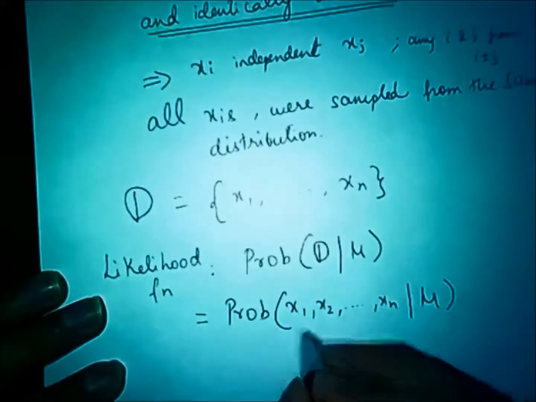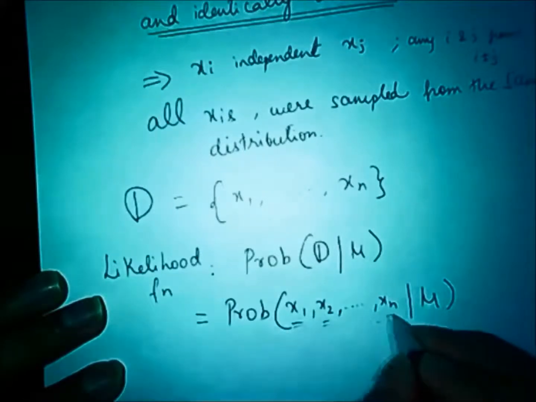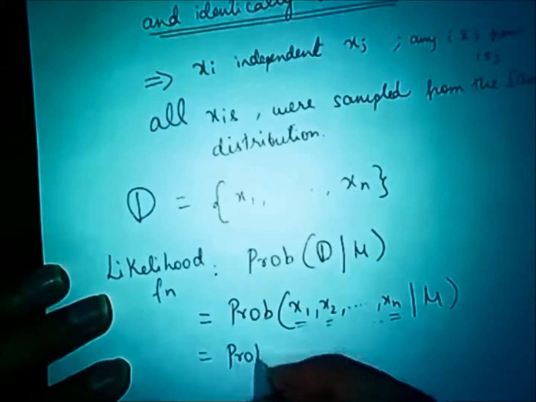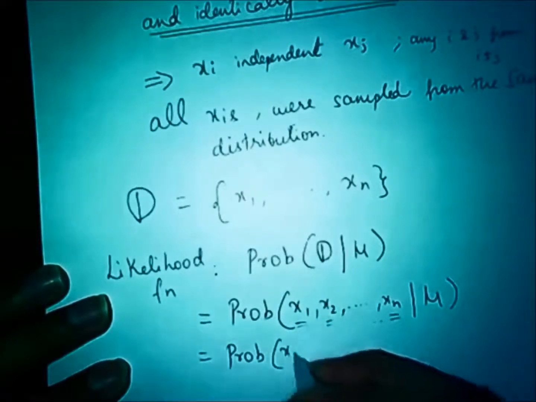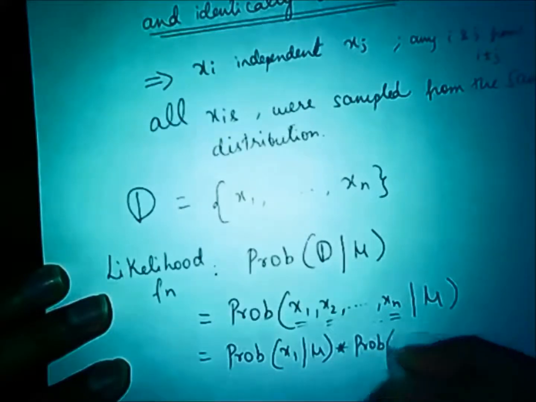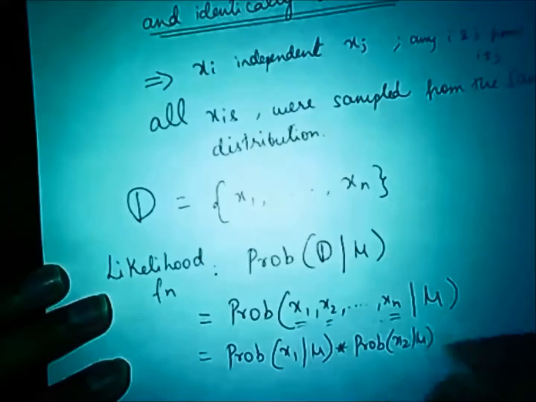So since x1, x2 until xn are independent, this probability is equal to probability of x1 given mu multiplied by probability of x2 given mu, and so on.